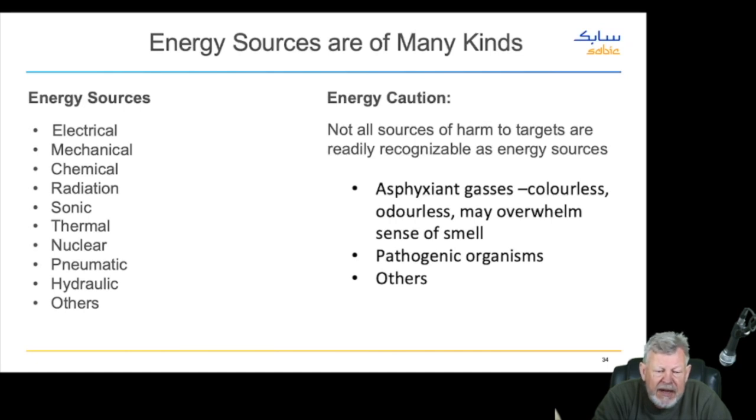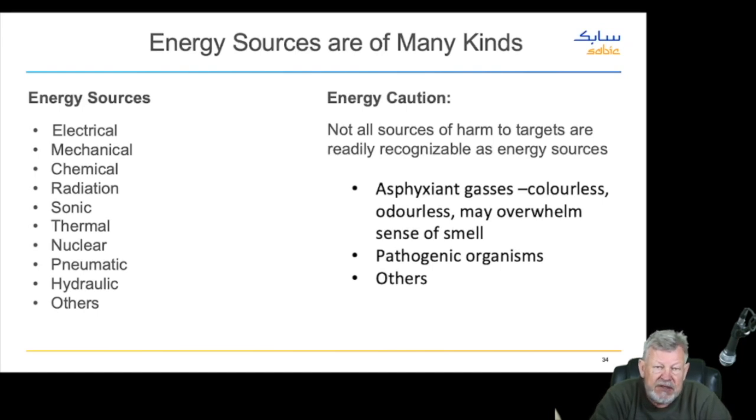We break down the way in which energy, it's not really energy, because there's only really 3 kinds of energy, but we talk about energy sources or types of hazards, which get their energy from electrical properties, mechanical properties, chemical properties, radiation, and here we talk about UV, IR, but also radioactive radiation.